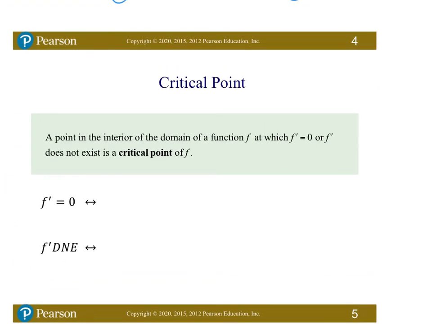So these critical points happen in two ways. They happen either where f prime of x is equal to 0 or f prime of x does not exist. When f prime of x equals 0, you're setting f prime equal to 0 to find the horizontal tangents.